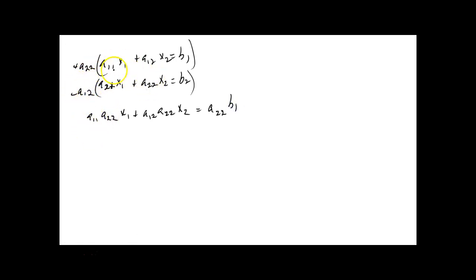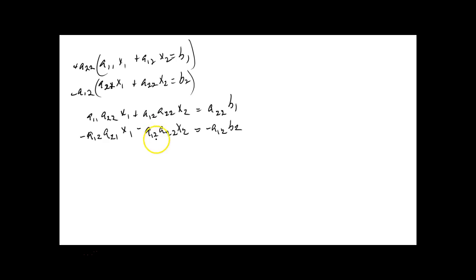Multiply the bottom equation by minus a12 and you get minus a12 a21 x1 minus a12 a22 x2 is equal to minus a12 b2.